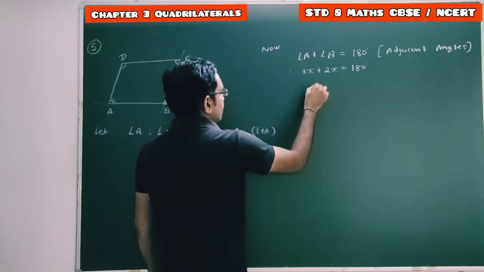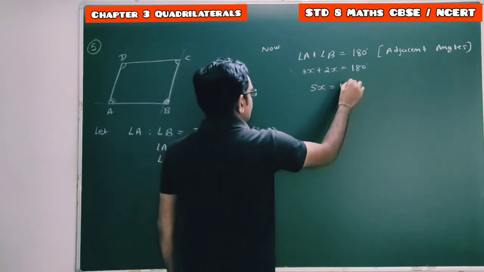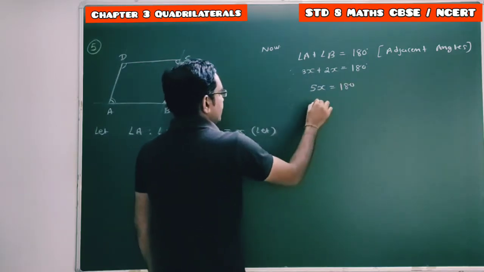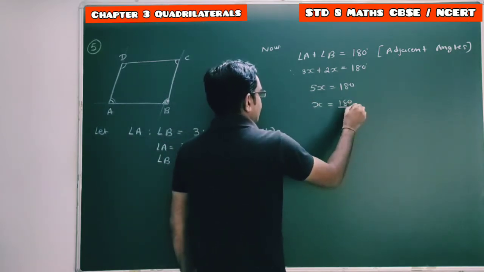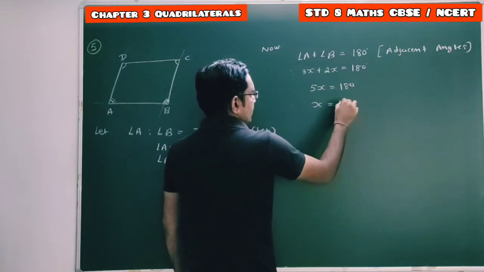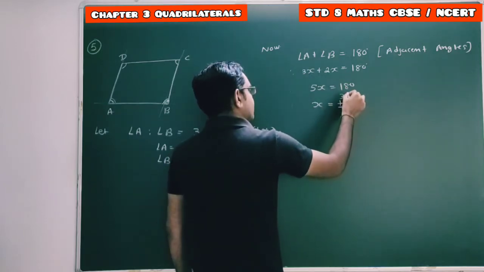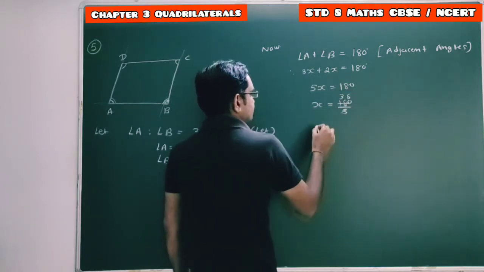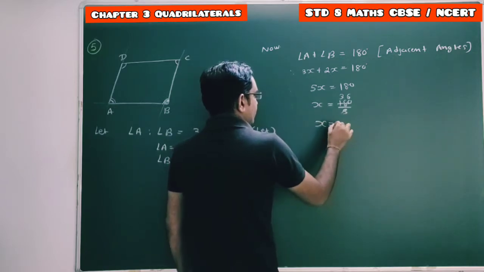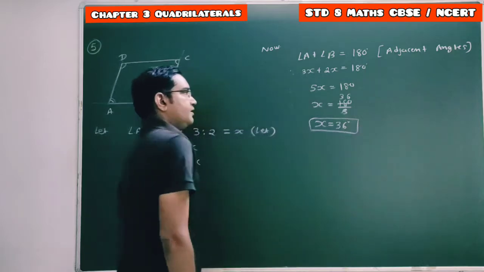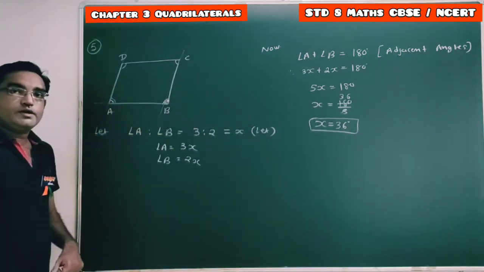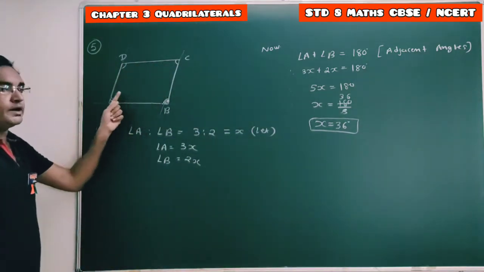So this is 5x equal to 180 degrees, and therefore x is 180 by 5. 5 3s are 15, 5 6s are 30. So the value of x is 36 degrees.